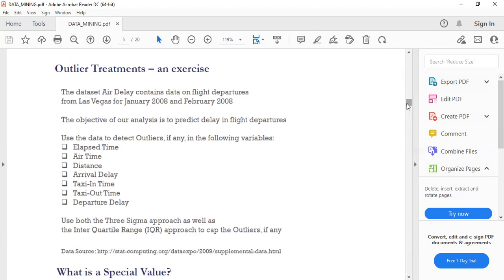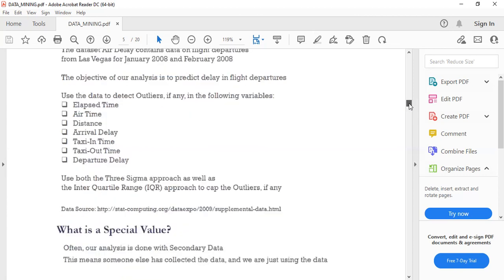Use both the 3 sigma approach as well as the IQR approach to cap the outliers, if any. I will show you that data.